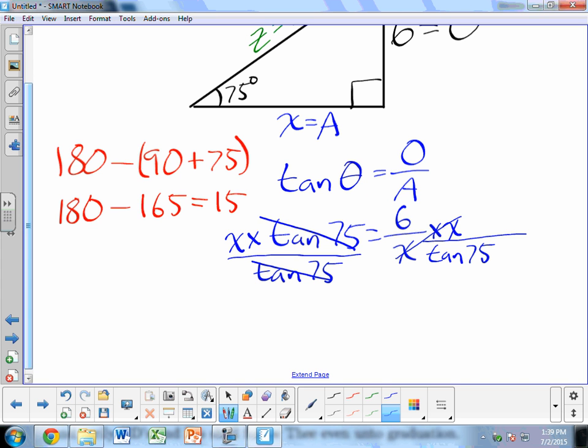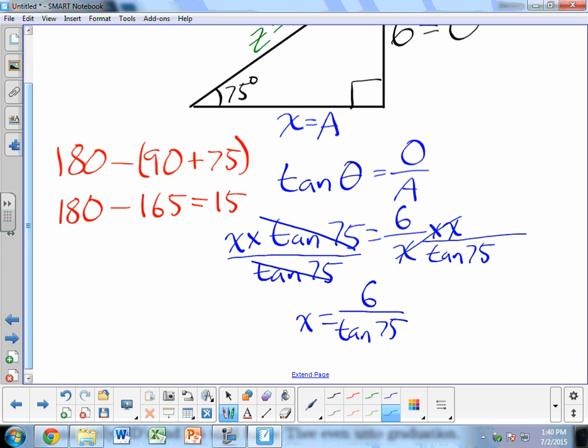Remember, tangent of 75 is a number in and of itself. It is a decimal number. It is a ratio. You can't just cancel out the 75, and you can't just cancel out the tangent. The tangent of 75 is the whole number. It is one entity. So now I'm left with x equals 6 divided by the tangent of 75.